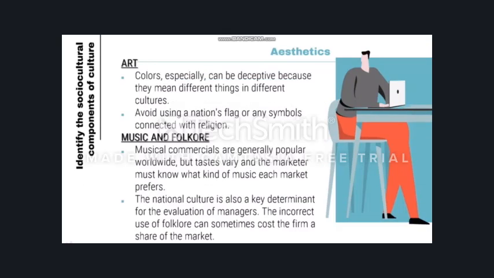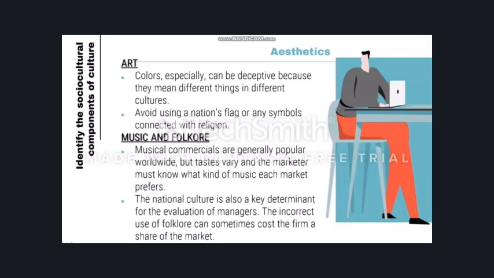According to expert opinion, culture includes nine socio-cultural components. You can see it on page 70 of the book. Today, we will discuss the first two components, aesthetics and attitudes and beliefs.